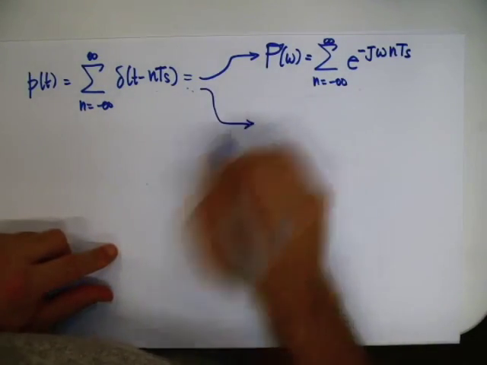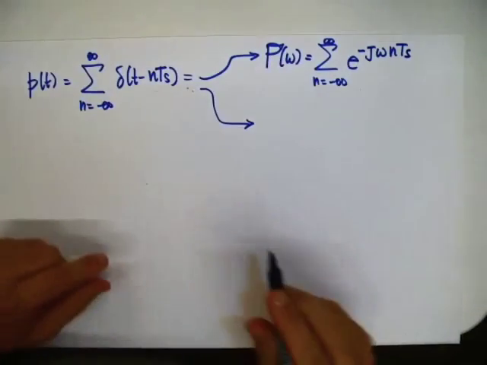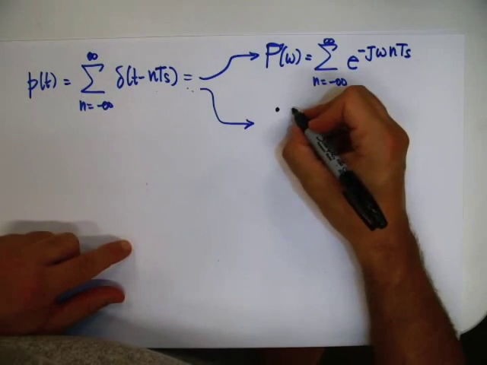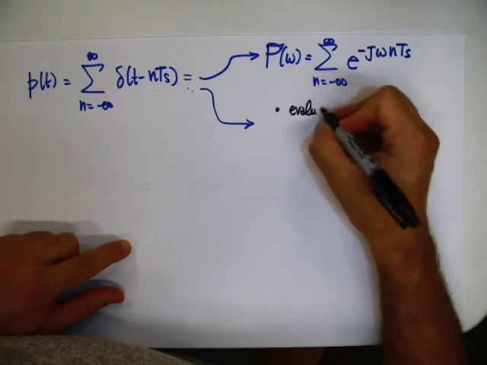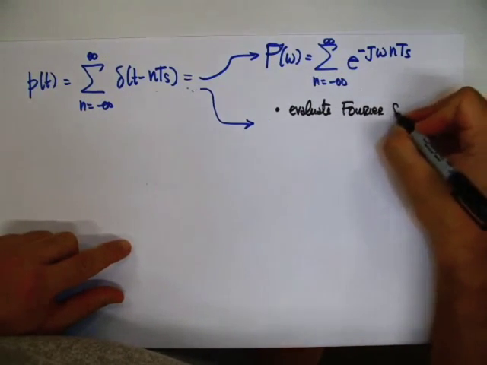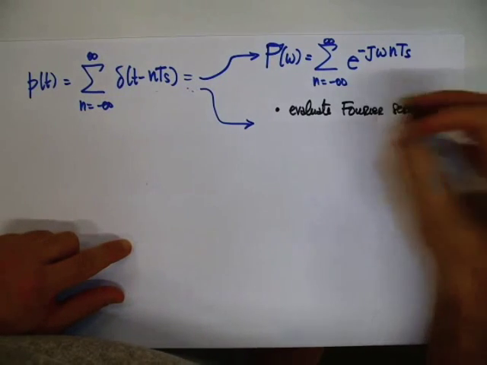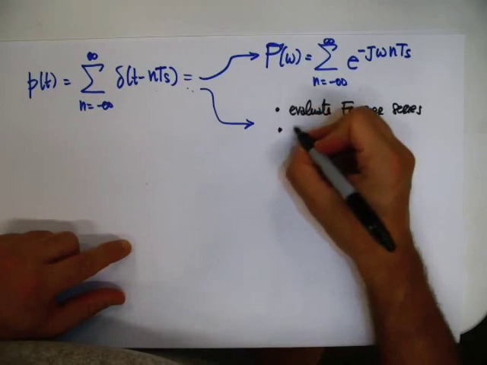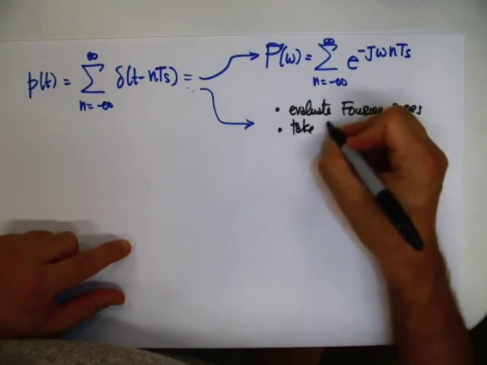Alternatively, what we can do is evaluate the Fourier series of p(t), and then take the Fourier transform.